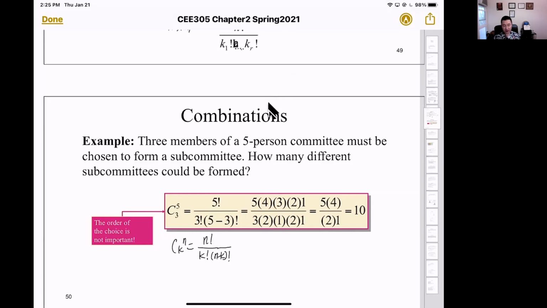If we change this question, and say we choose 3 persons to form a subcommittee, and for that subcommittee the 3 persons have different roles, like the chair, the vice chair, and the secretary, then the order will matter. Then we will use the permutation equation, not combination.